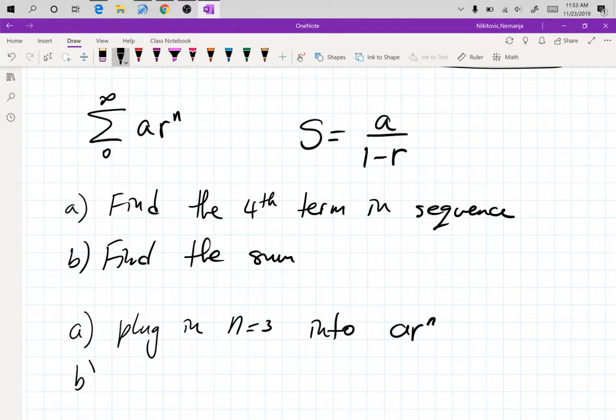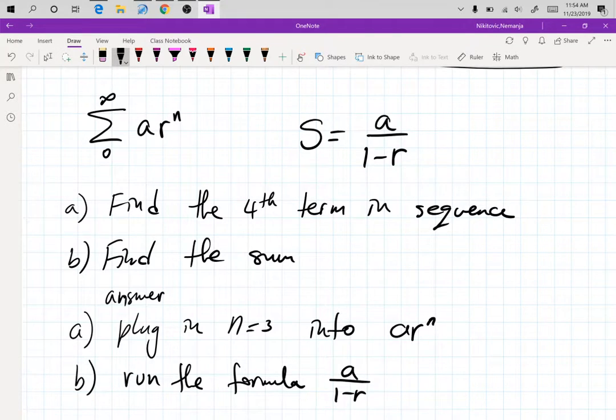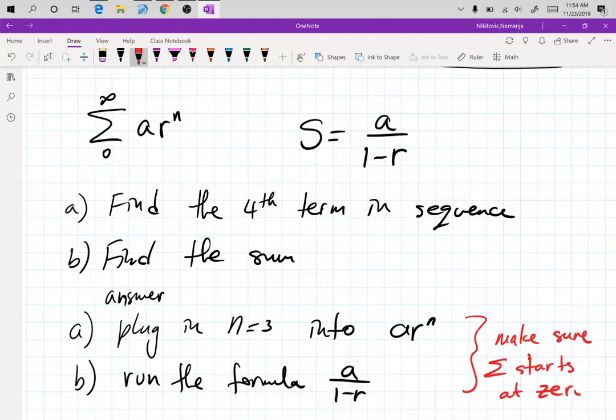And then to answer part B, you run the formula a over 1 minus r to get the sum. Now, obviously, like we said previously, here it is in blood. Make sure the sum starts at 0, because if it's not starting at 0, then you are not going to have correct answers because the formulas don't work in that case.